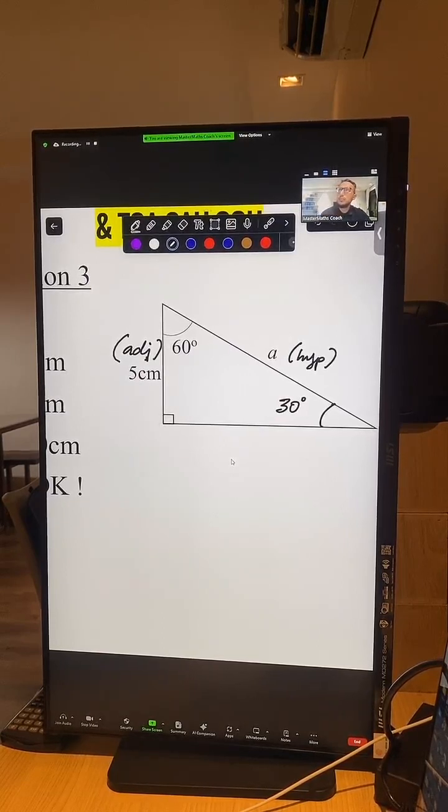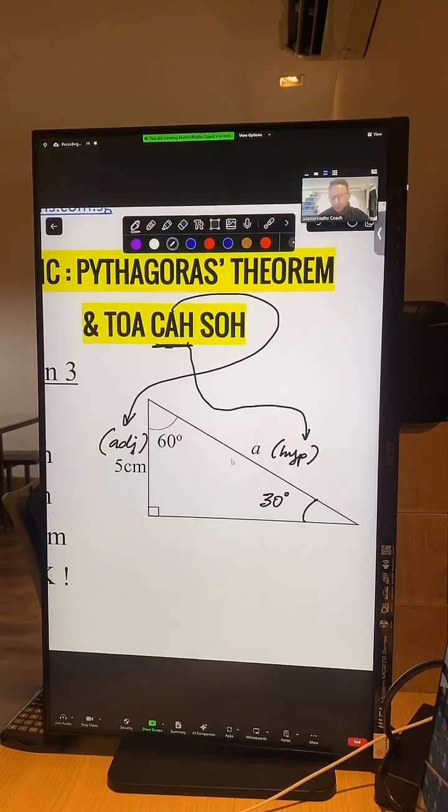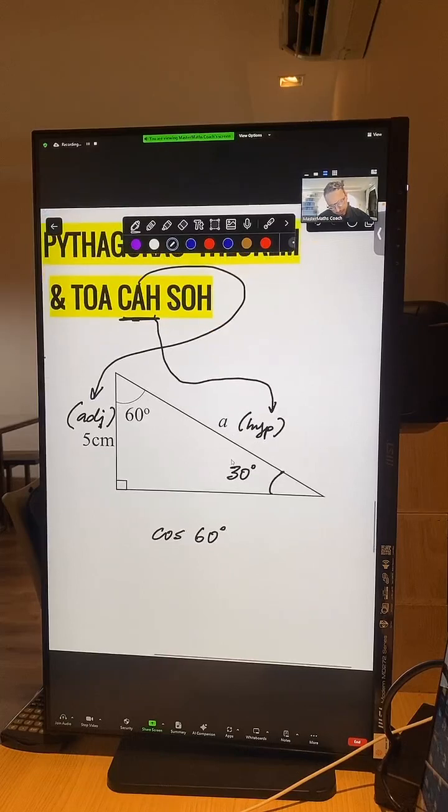So we got adjacent, we got hypotenuse. What are we going to use? We are going to use our friend Mr. CAH. Because this A here is adjacent, this H here is hypotenuse. So cosine 60 degrees equals 5 over A.